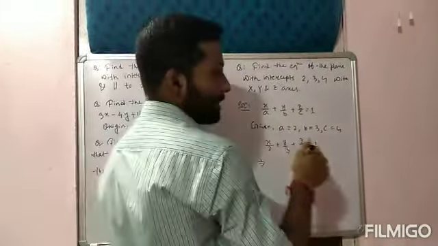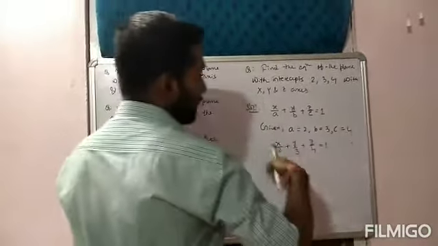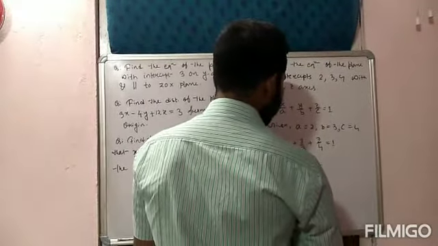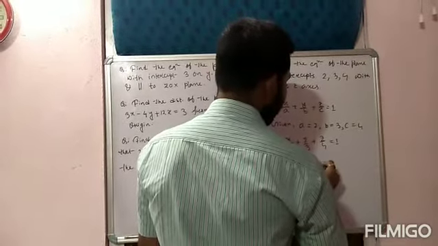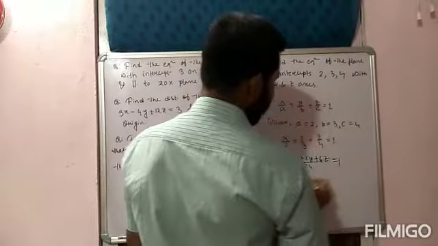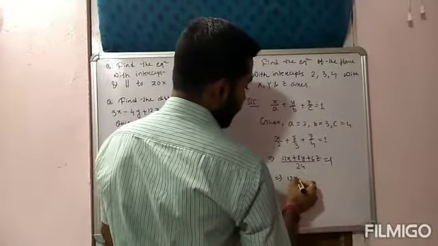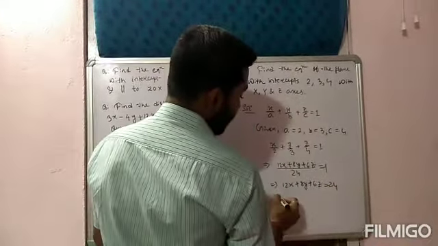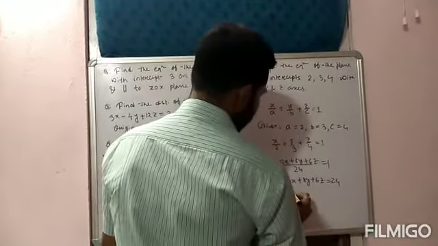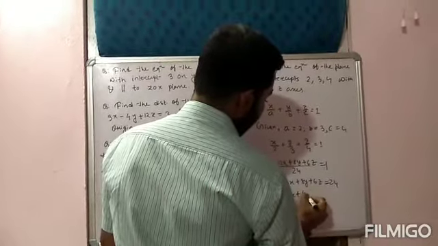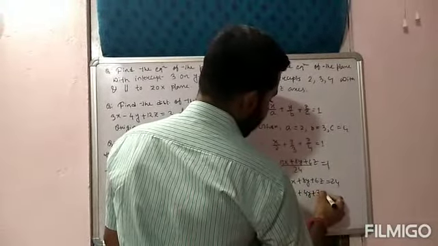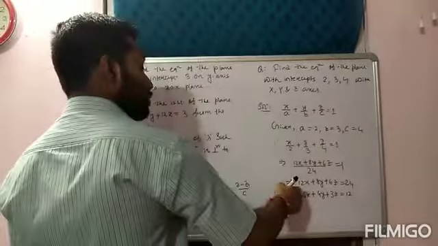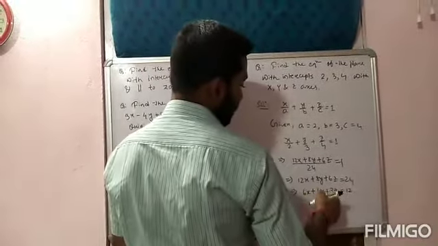Generally it is better to keep it in the general equation form, that is the Cartesian equation form. That is 12x plus 8y plus 6z is equal to 24. Or if you want to take 2 common, then this will be 6x plus 4y plus 3z is equal to 12.